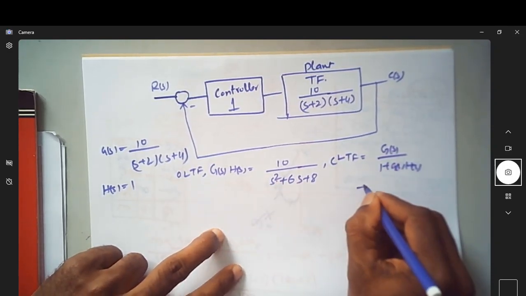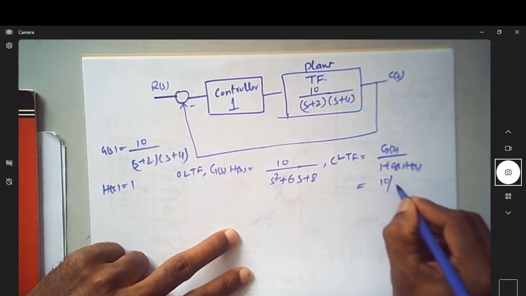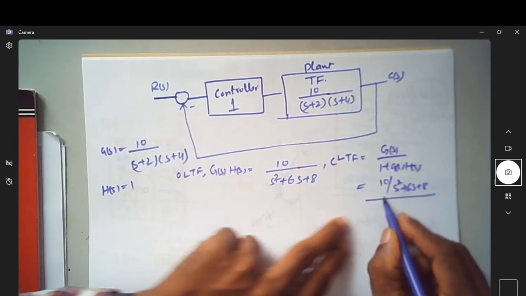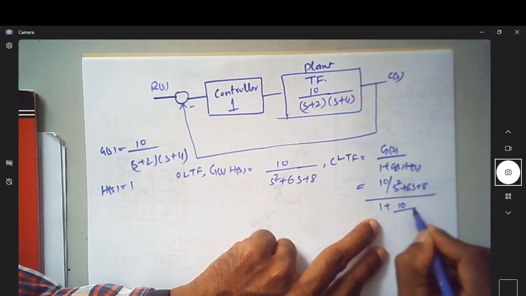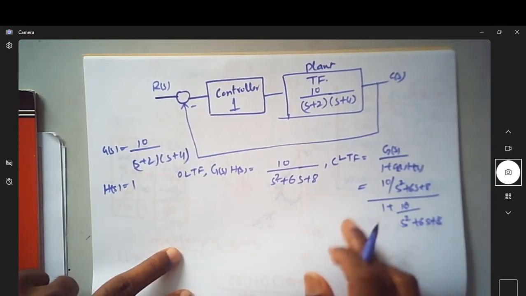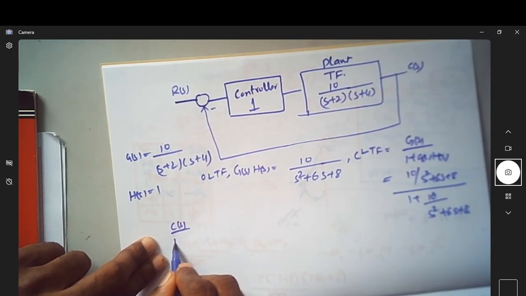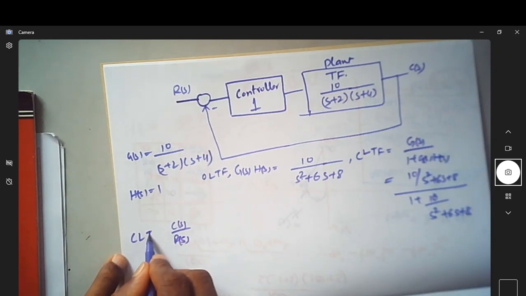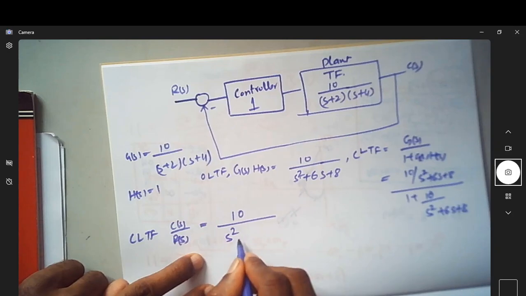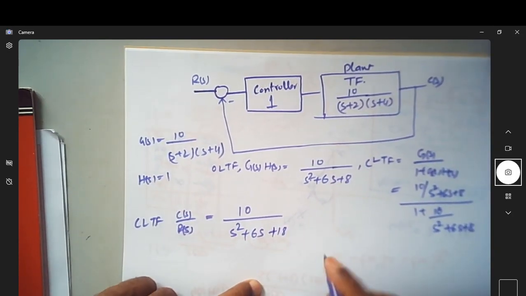So if I substitute G(s) and H(s) onto this, this becomes 10 by (s square plus 6s plus 8) divided by 1 plus 10 by (s square plus 6s plus 8). So upon simplifying, C(s) by R(s), which is nothing but the closed loop transfer function, is now given by 10 by s square plus 6s plus 18. So this is the transfer function.